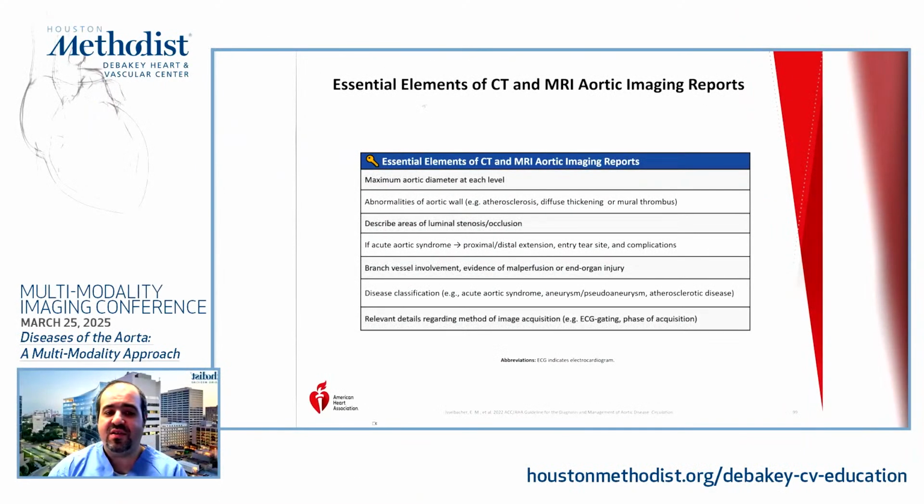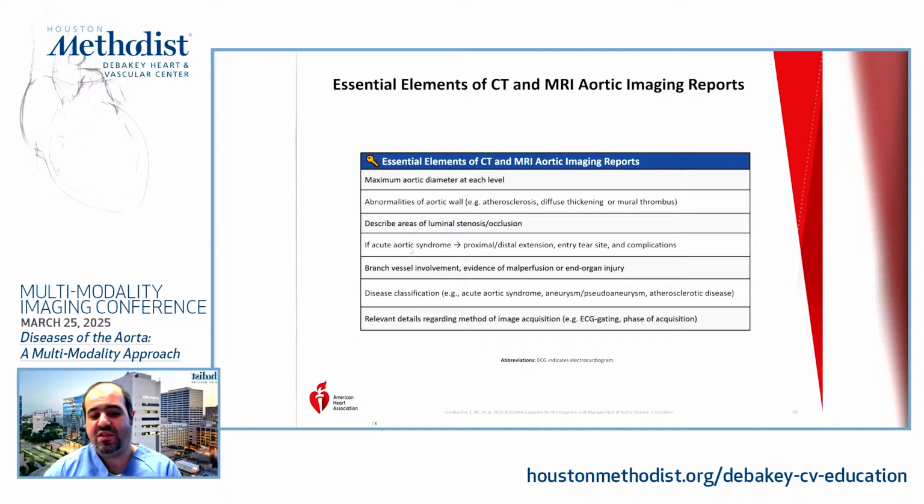So to summarize, these are the essential elements when I'm doing my CT and MRI imaging. I need the maximal aortic diameter because it's going to help me risk stratify who's going to benefit from a repair or surgery or not. If there are any abnormalities of the aortic wall, the presence of plaque, thickening, or thrombus, describe the areas of luminal stenosis or occlusion if present.